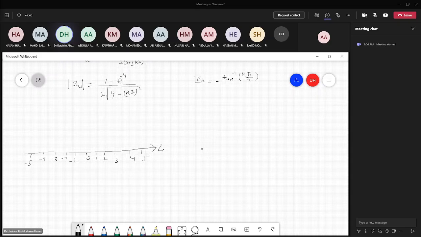Okay, when k equals 0, just substitute here. It is 1 minus e to the power of minus 4, divided by 2, multiplied by 2, so it is 4. So you have something like this here.